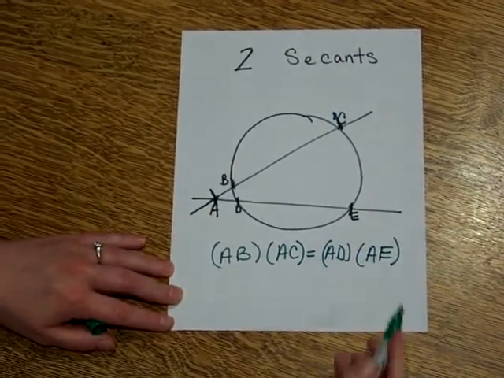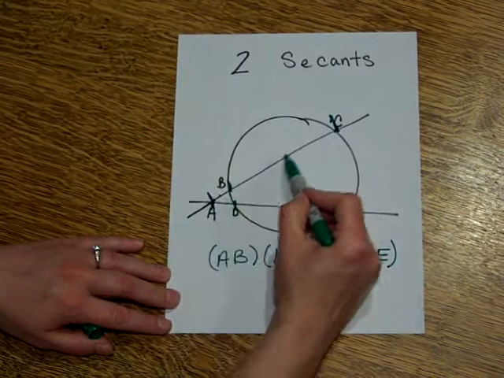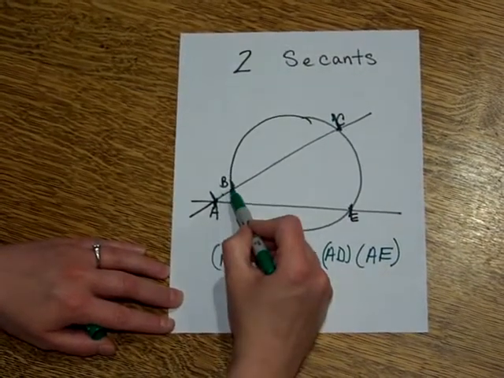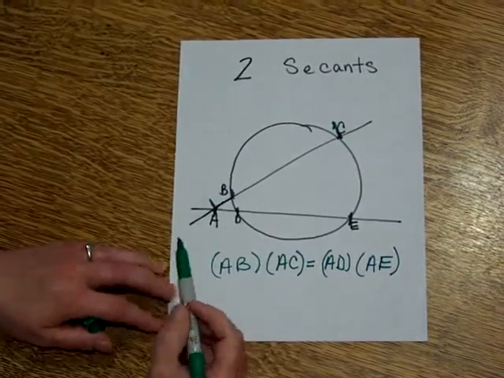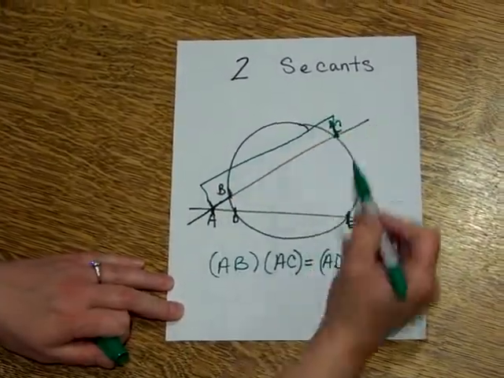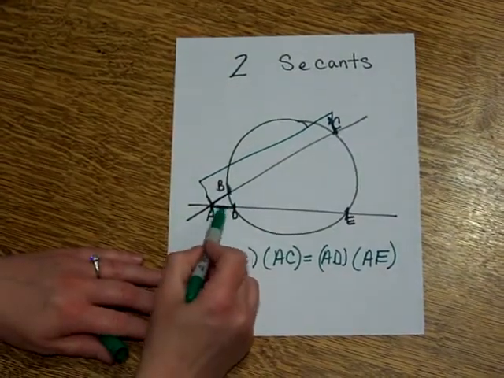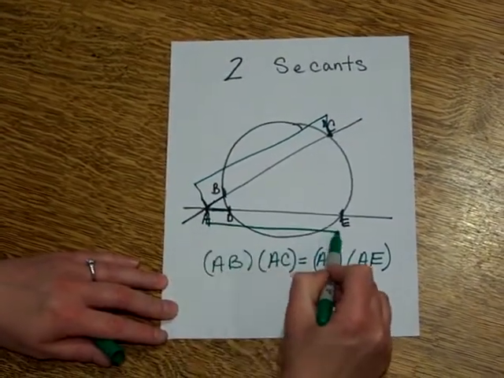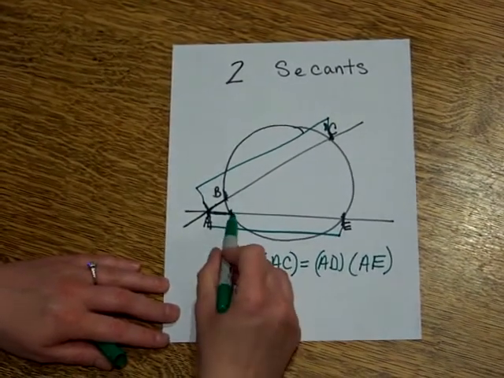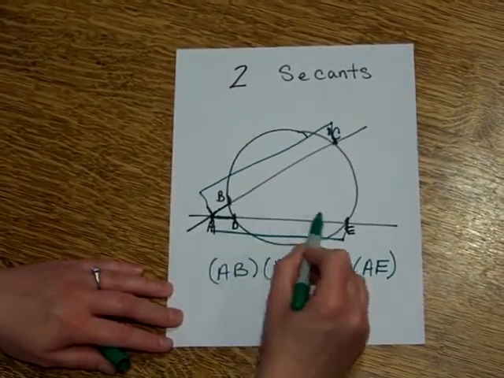That is how we can find the measures for secants. This external segment times the whole length of the secant. Not just DE. This is not included here.